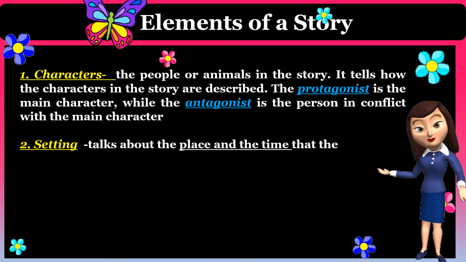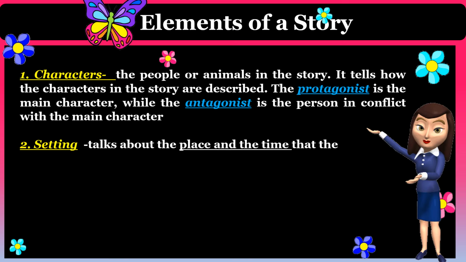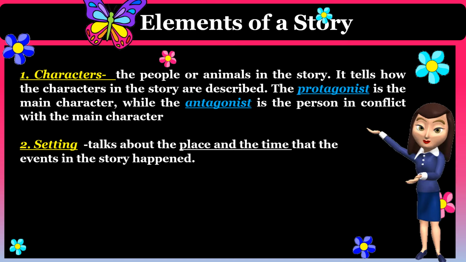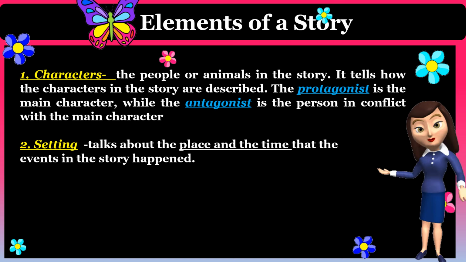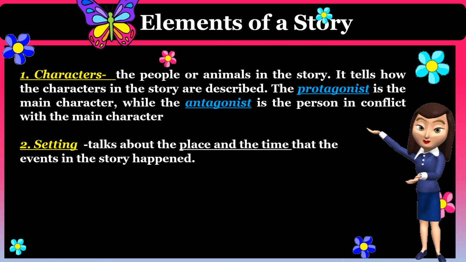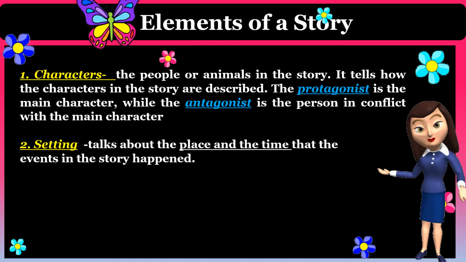Next, we have the setting. Of course, this is already familiar to you. The setting talks about the place and time that the events in the story happen. Now, going back to our story a while ago, let's talk about the characters. Who are the characters in the story?